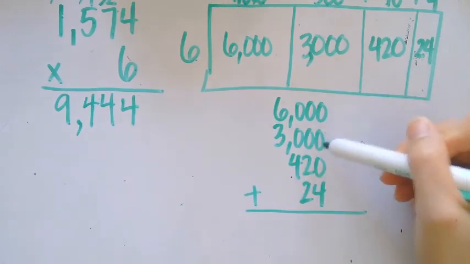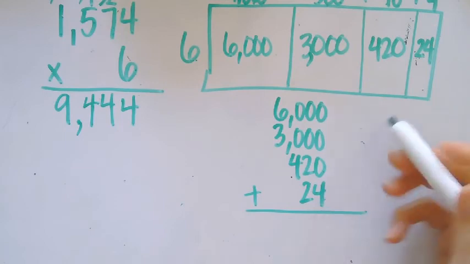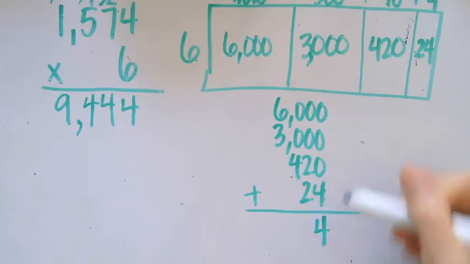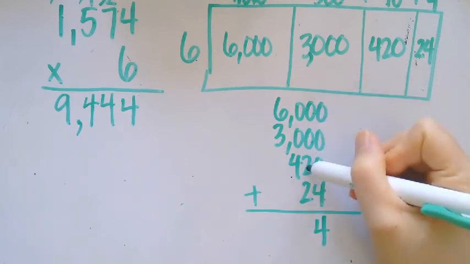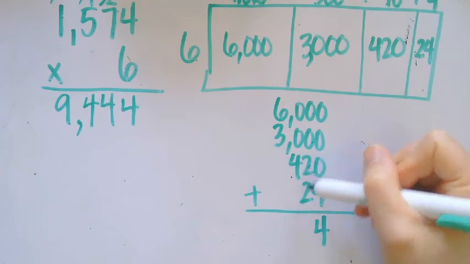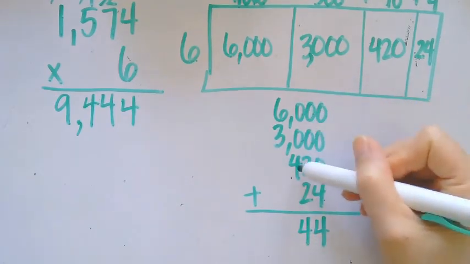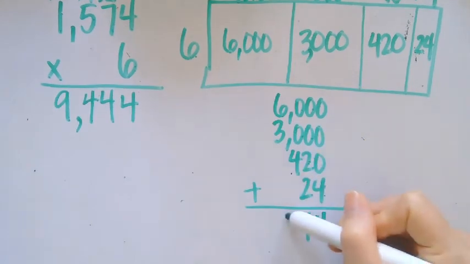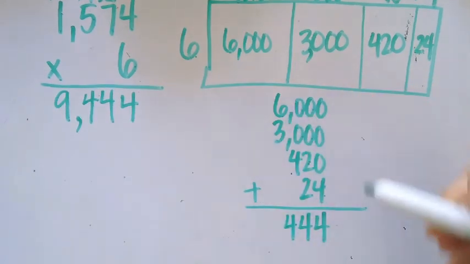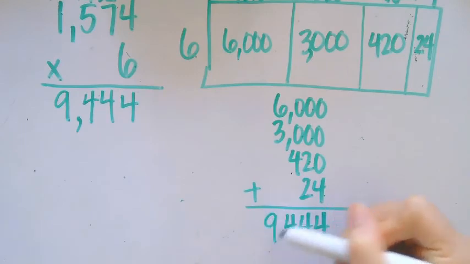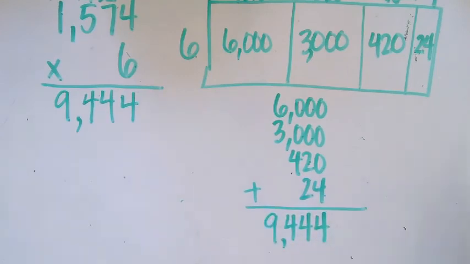Okay? 0 plus 0 plus 0 plus 4 is 4. 0 plus 0 plus 2 is 2. Plus 2 is 4. 0 plus 0 plus 4 is 4. 6 plus 3 is 9. Don't forget my comma. Bam.